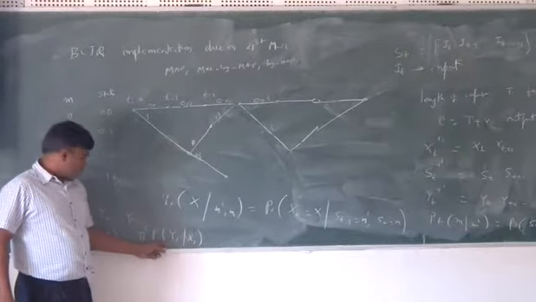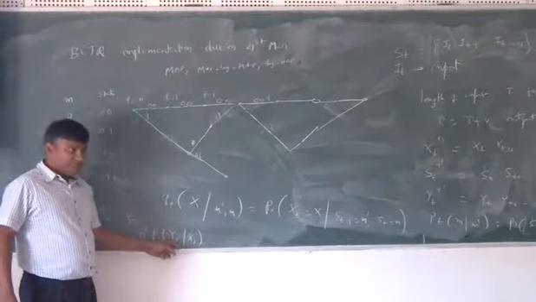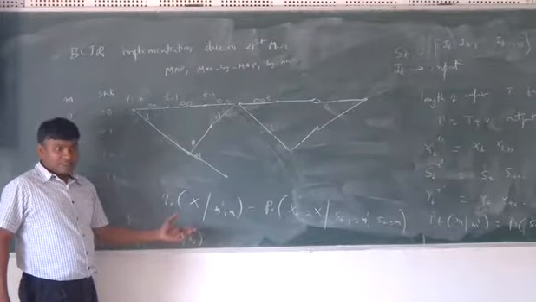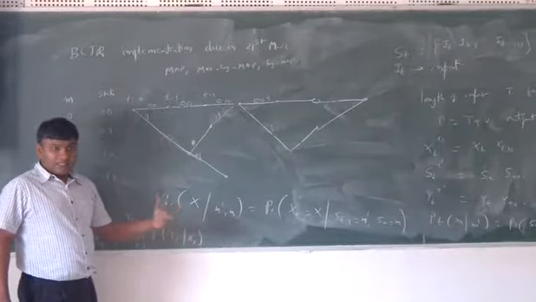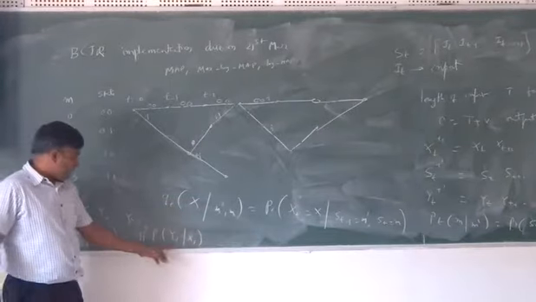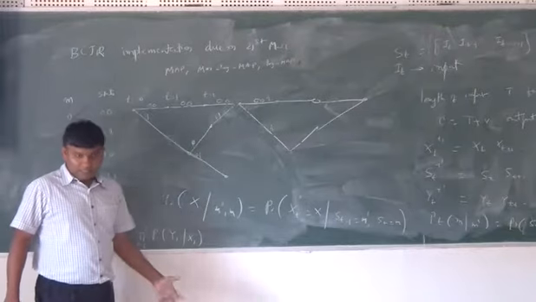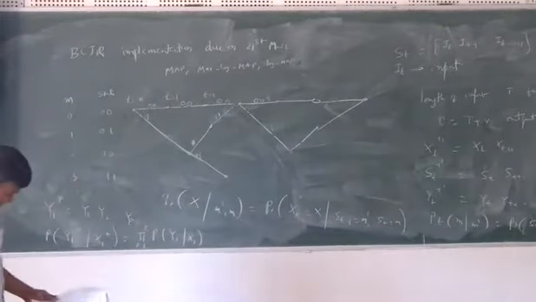You know the property of yj given xj, right? Yj equal to xj plus nj, and if the density function for nj is provided, you can calculate. Okay, fine.